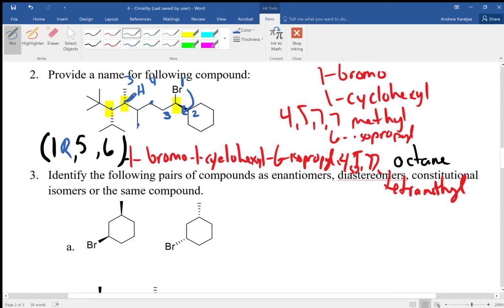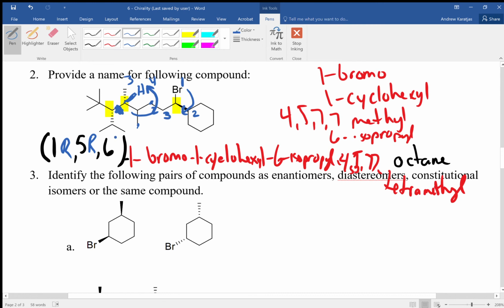But if we go one carbon further from the left, we've got a whole bunch of other carbons. That's going to make this 1 and this 2. So our arrow goes counterclockwise, but because the hydrogen in the low priority group is pointing forward, we take the opposite, which is R.